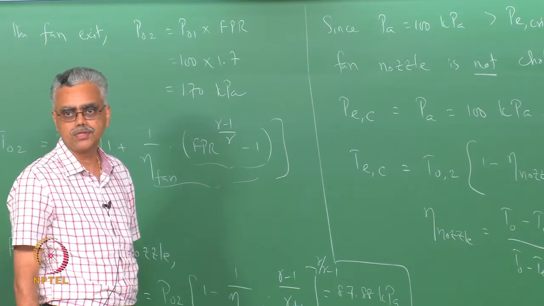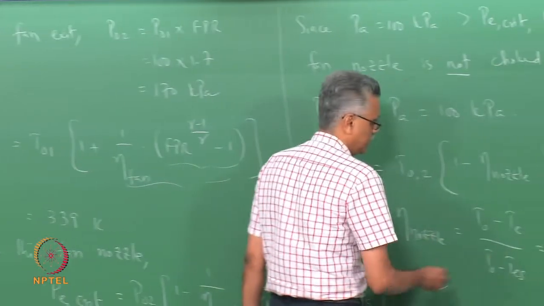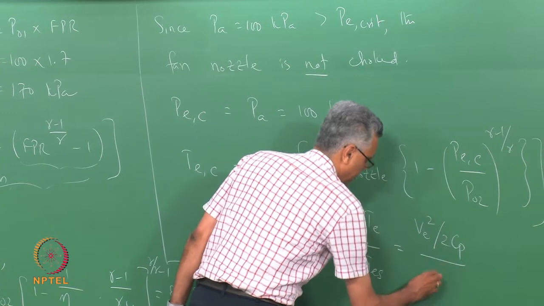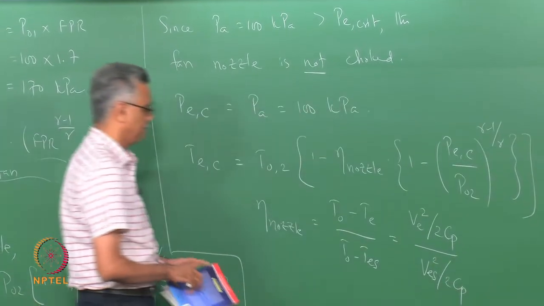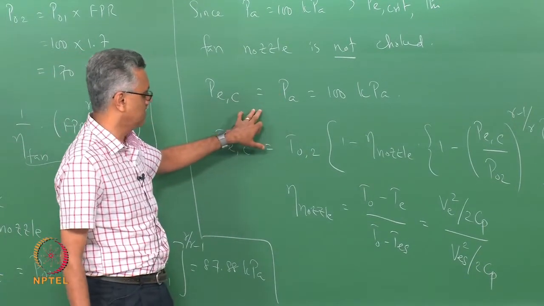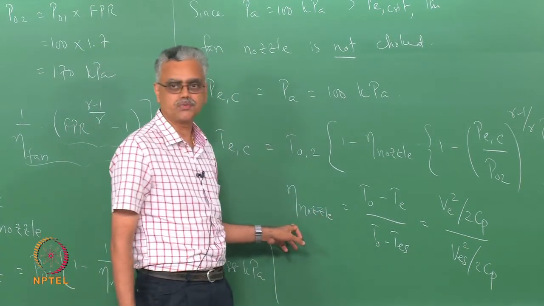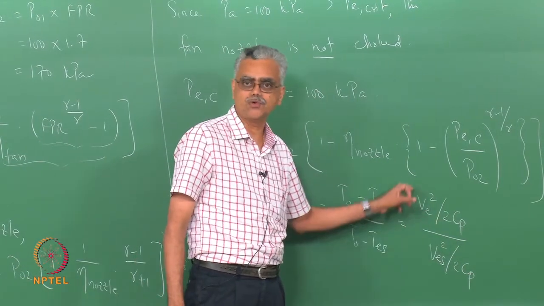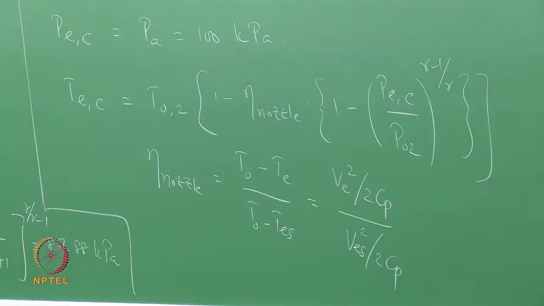This was what we wrote down the expression as, and if you use the definition for stagnation temperature, you can see that this can be written as VE square over 2 Cp divided by VES square over 2 Cp. So once I know my PES, I know T0, I know P0. I can either evaluate TES from this expression, or I can directly evaluate VE square and then VE from this expression, both are okay, and that is what I have done here.